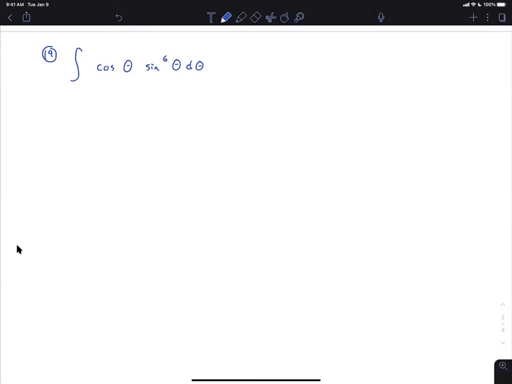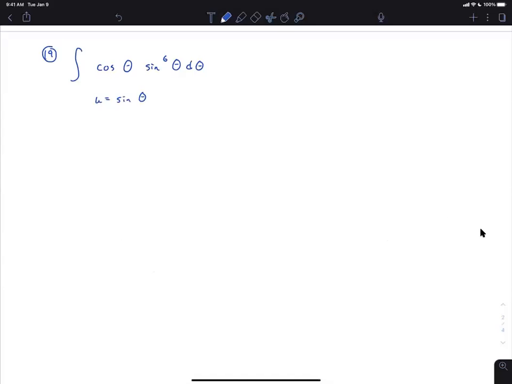So here, cosine is to the 1st and sine is to the 6th. So the easiest thing to do is to let u equal sine theta. If you remember back to what we were talking about at the time, it's been a long time since we've done this. So the idea is if one of them's odd, let u equal the other one. If they're both even, use half angle.